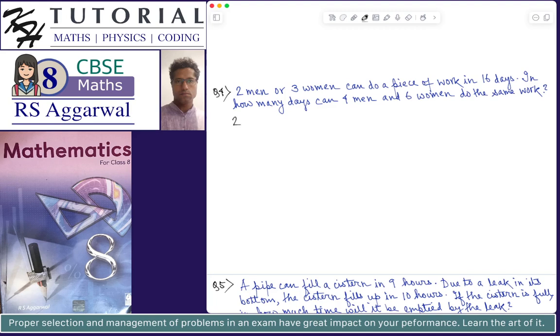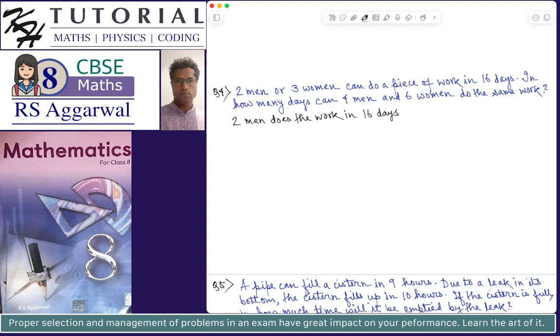So we know that 2 men do the work in 16 days. Now remember, when the work is fixed, the number of men and the number of days are inversely proportional to each other, which means that their product is a constant.